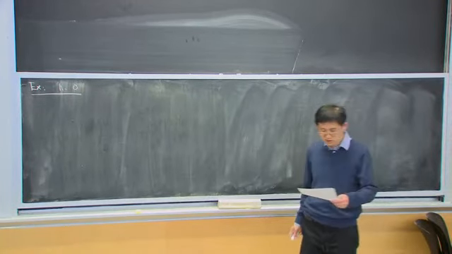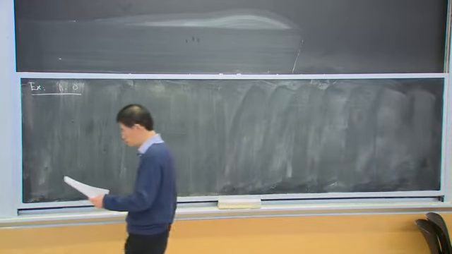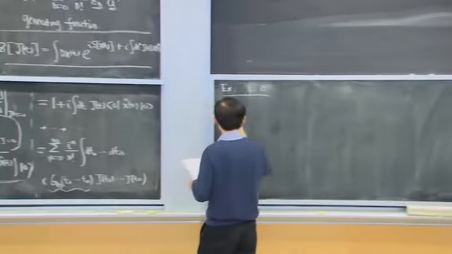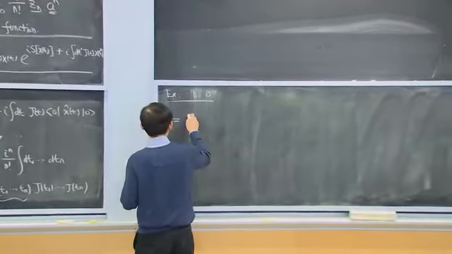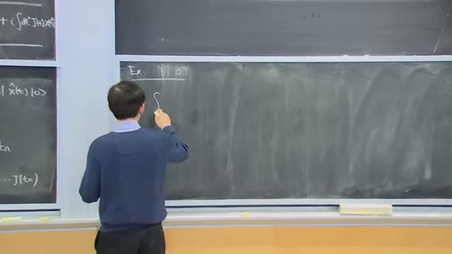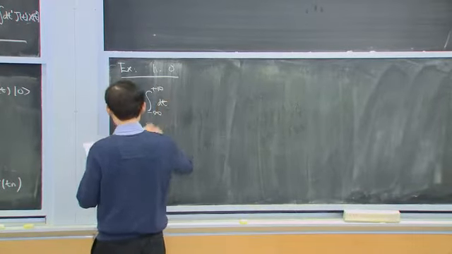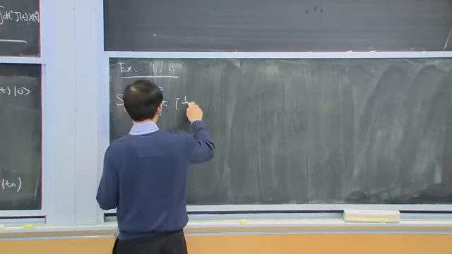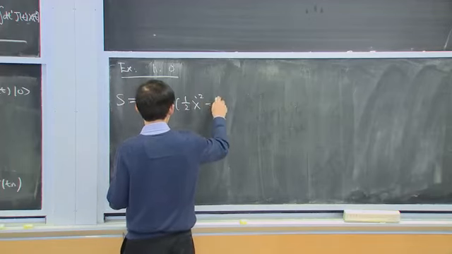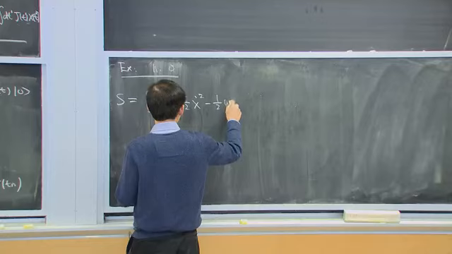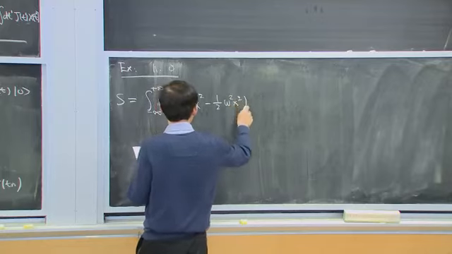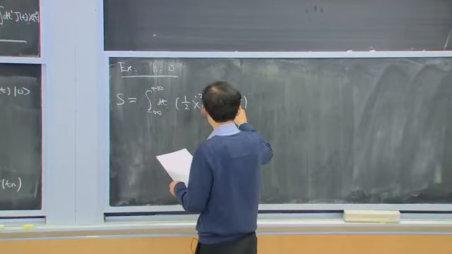So again we look at this object, but now S is an integral from minus infinity to plus infinity of dt, then 1/2. Let's take this to be my Lagrangian, and let me call this omega 0.